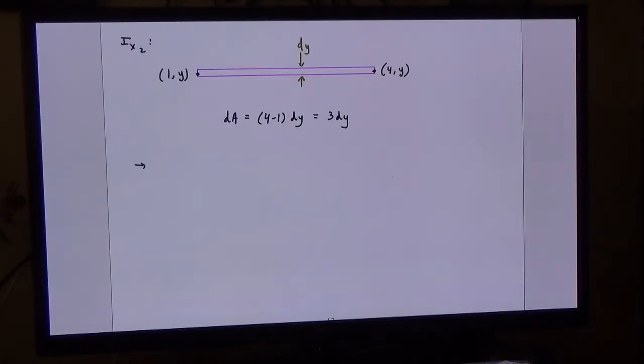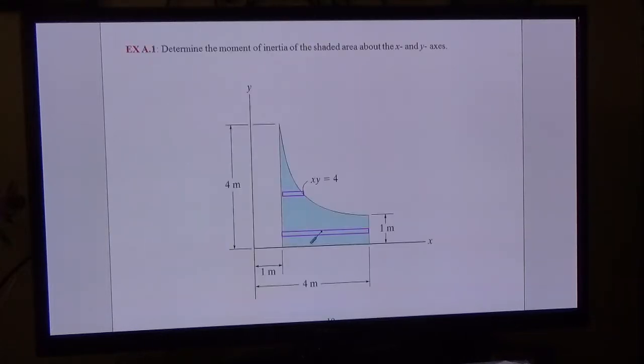Substitute that into my formula for I about x, which is the integral of y squared dA. That becomes the integral, the 3 I can bring out front, and then I have y squared dy. Calculating this integral, first I need to specify the limits on y for the lower portion. For the lower portion, the lower y is 0, the upper y is 1.